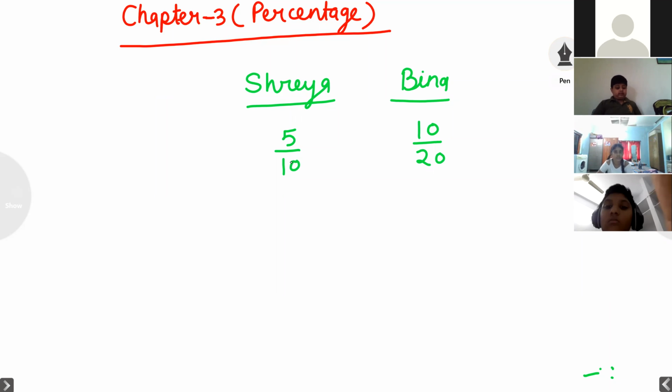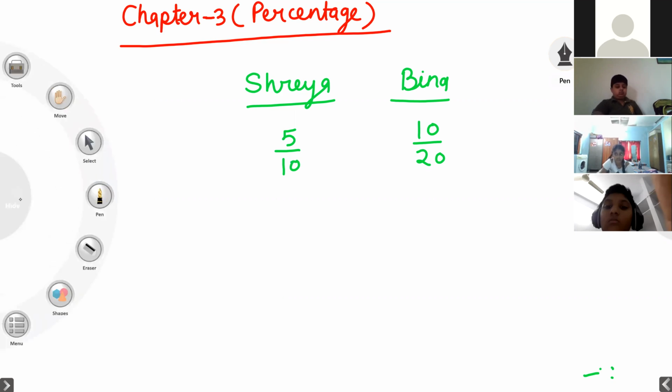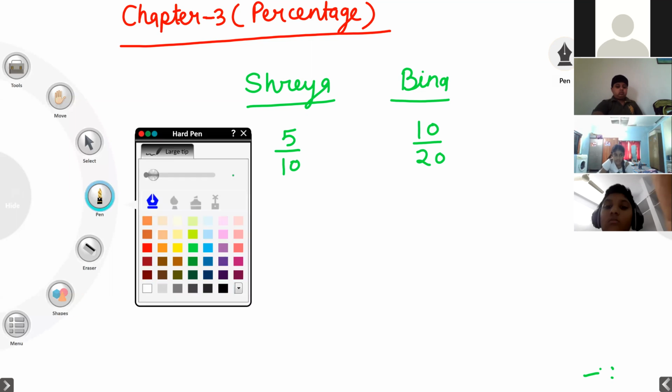What happened? One more person was crossing by, and Beena and Shreya were both teasing each other. That person told them, don't tease anyone. You concentrate here. Both of you got equal marks. Then they asked how. That person said, I am giving the proper answer.